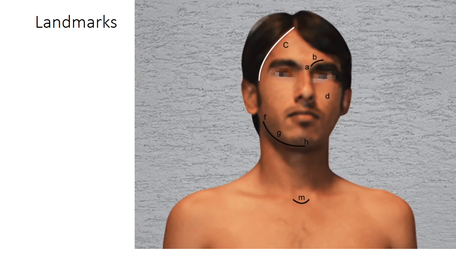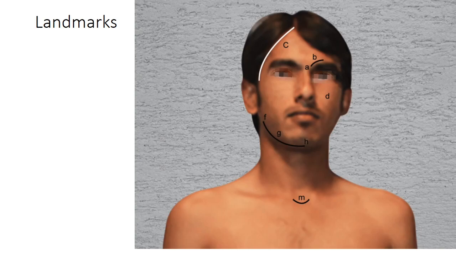Then we also have M, the suprasternal notch, the notch on the superior border of the manubrium sterni. We also have many other landmarks, like the pterion, asterion, inion, lambda and bregma, right? So you will know about these things.